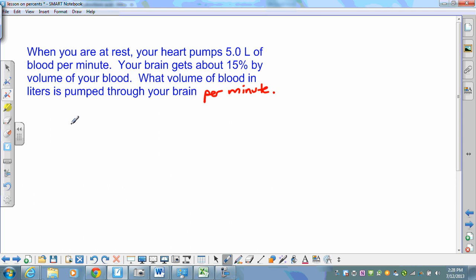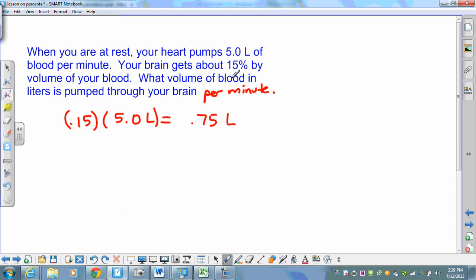So simply we're going to do just like the last few examples, just take 0.15 times 5.0 liters, and the answer will be in liters as well. So just go ahead and multiply 0.15 times 5.0 and you will get 0.75 liters.